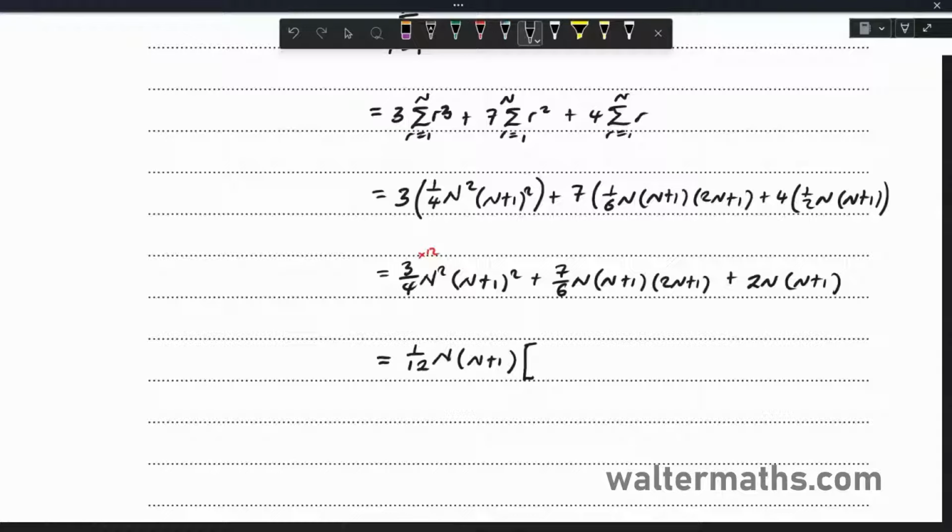So here we're left with 9 of n plus 1. Here by 12, that's 2. So we have here plus 14 of 2n plus 1. And that's going to be plus here 24. Okay, so this is what we are having right here.